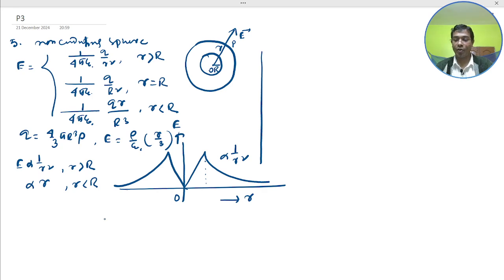So, potential in a non-conducting sphere, this is the electric field. Now we have to find the potential.